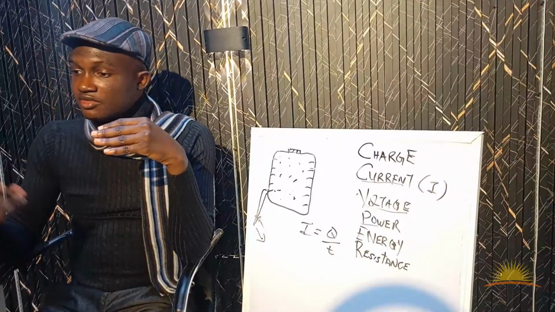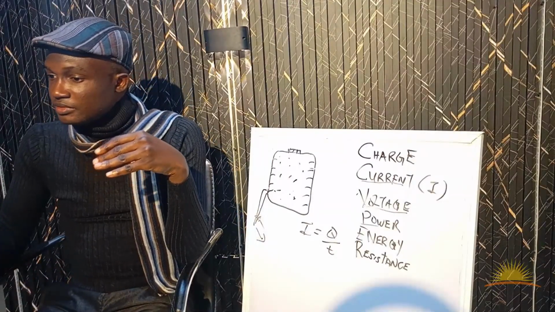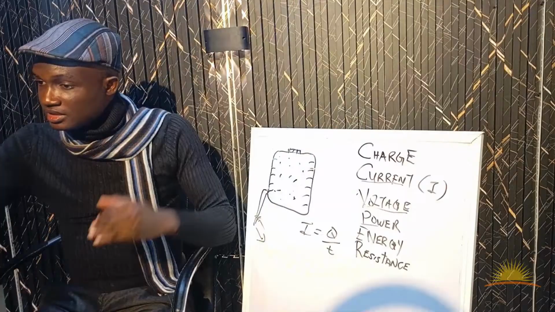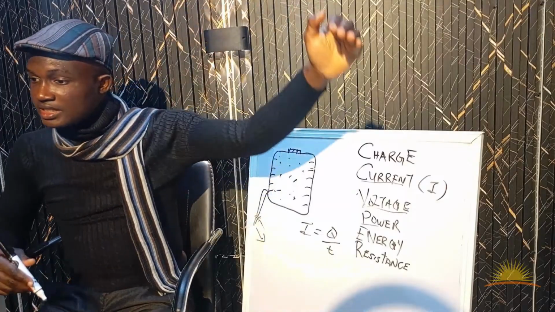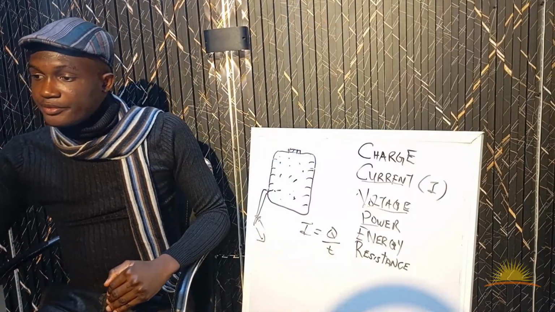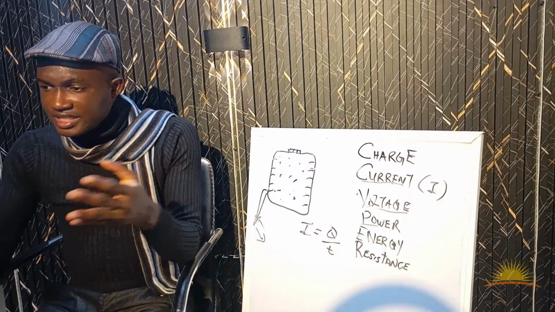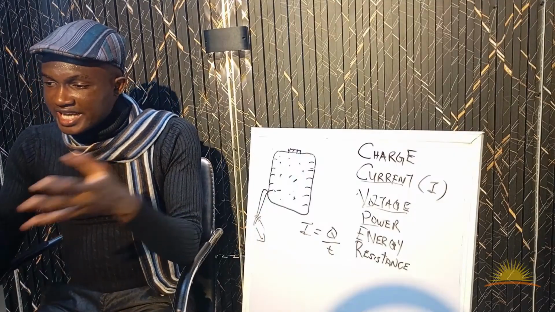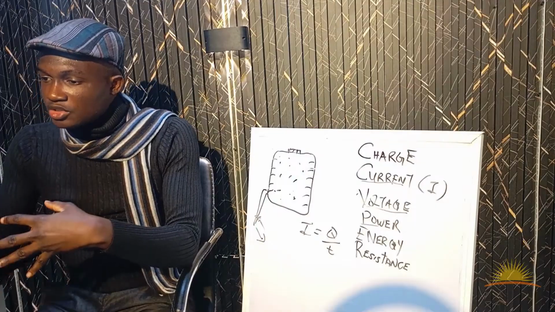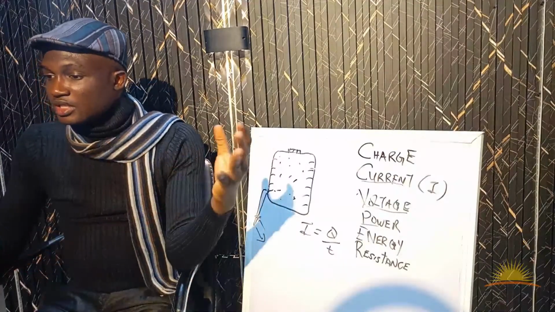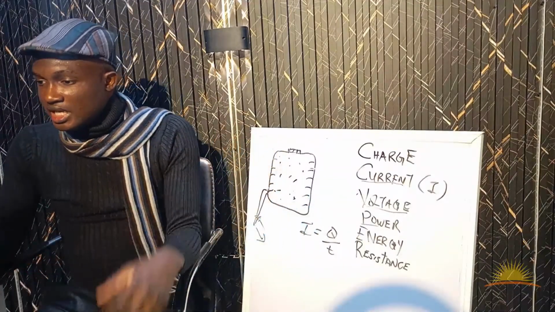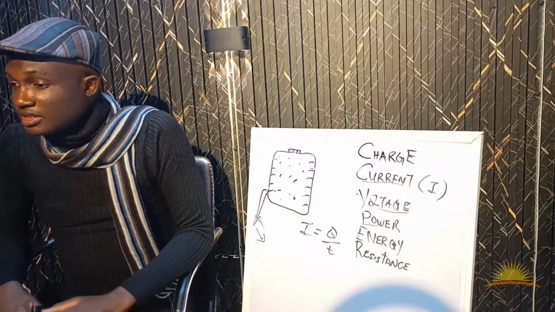If I say current is a function of voltage, the higher the voltage, the more the current. The higher the water in the tank, the more flow, the more pressure of water you're going to get. So there has to be a formula that relates them, that helps us exactly calculate how much current we can get given a particular value of voltage. And I'm pretty sure you know that formula. It's a very popular formula.